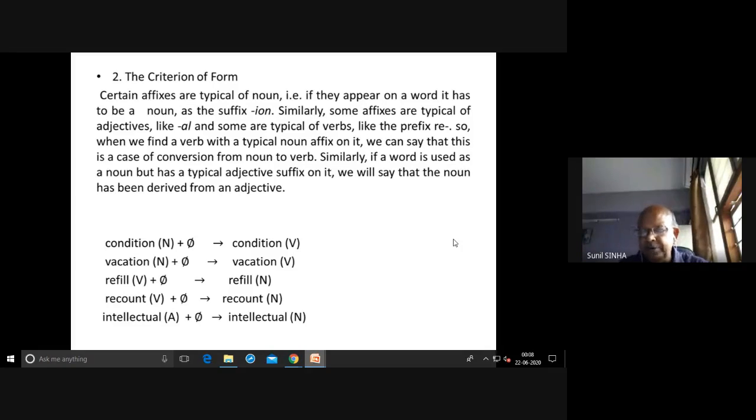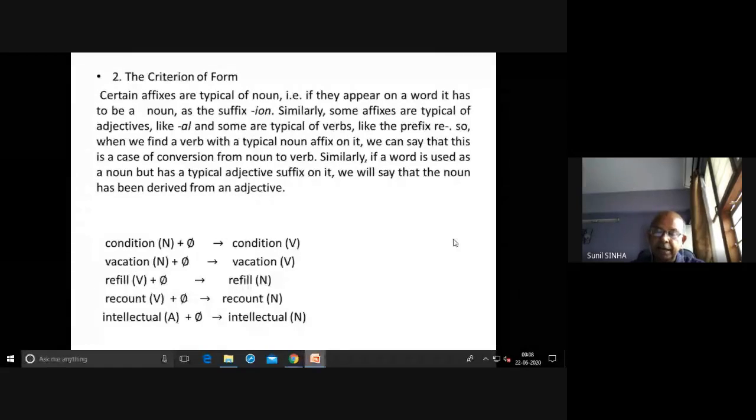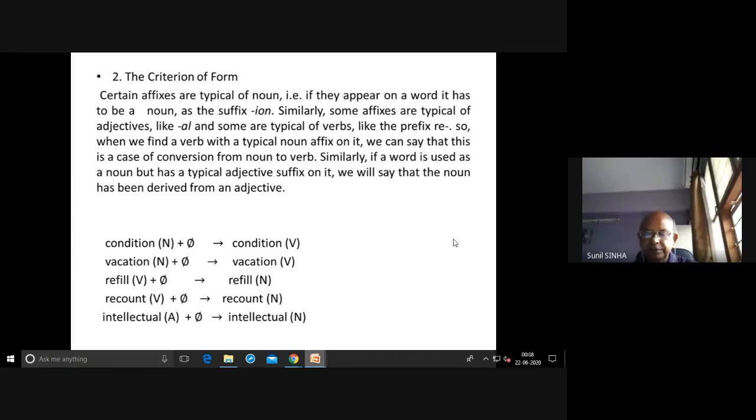This is a noun. Refill is a noun. And because re is there on fill, it is basically a verb, and anything that can be derived from refill will be derived from refill as a verb, not refill as a noun. So in the case of refill, a noun is derived from a verb, not that a verb is derived from a noun. We cannot reverse the direction of the arrow.